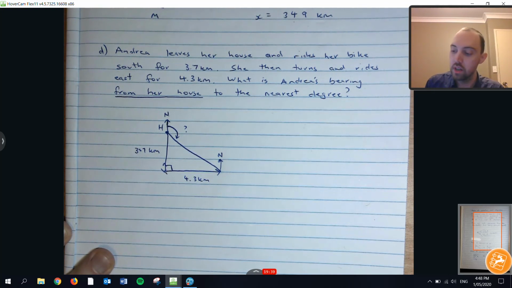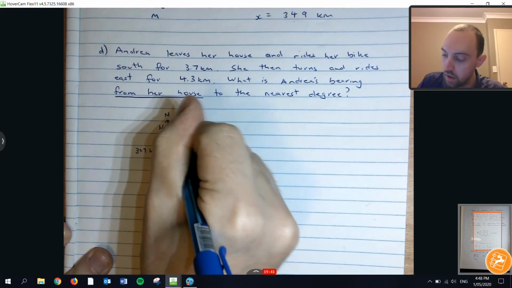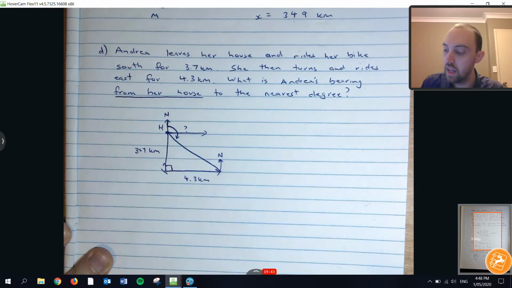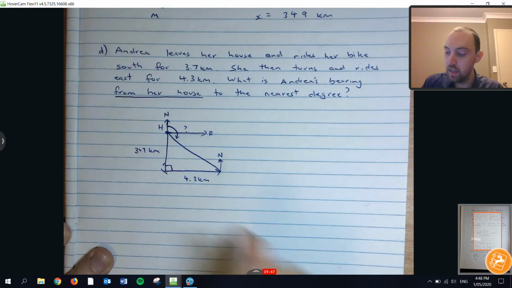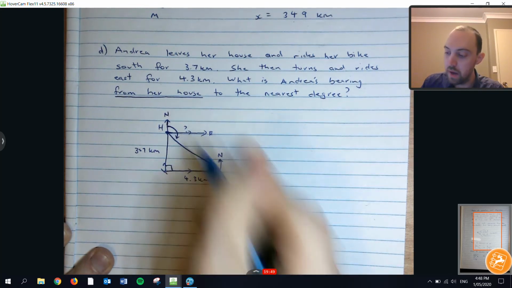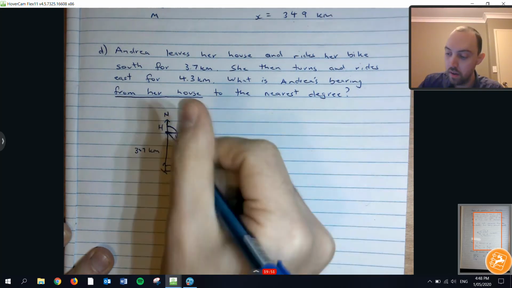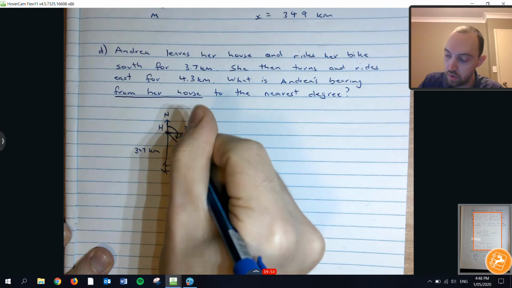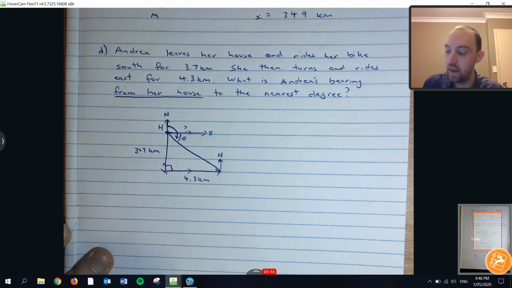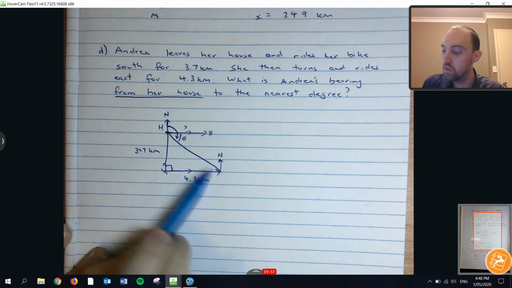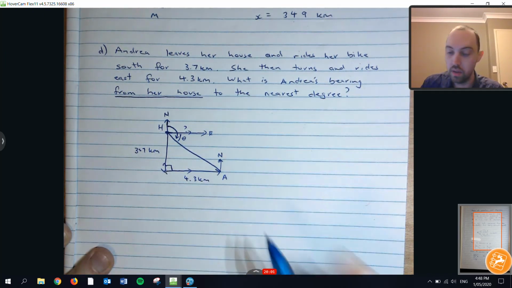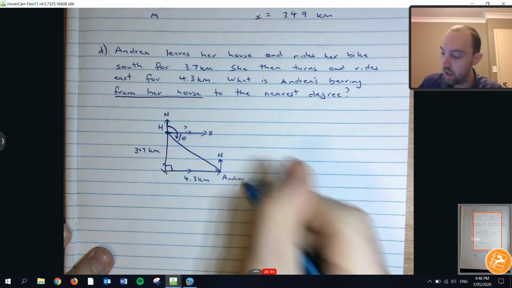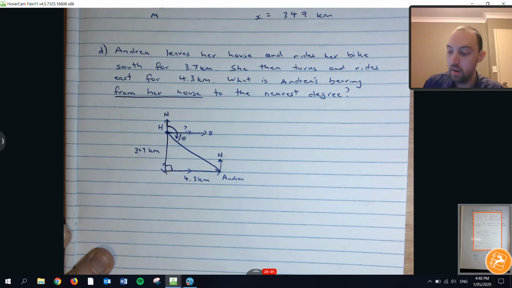We might split it up into 2 parts. I'm going to put east in here. East and east are going to be parallel. So this angle, between the east line and the line that gets us to Andrea, which I'll label Andrea there, is equal to this one here.